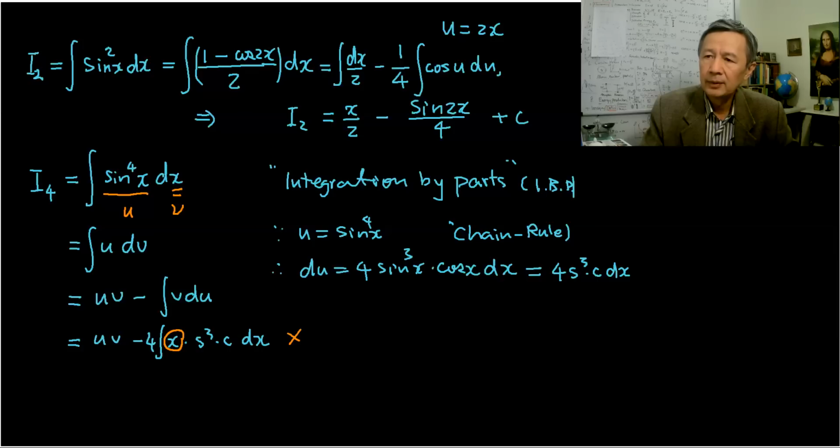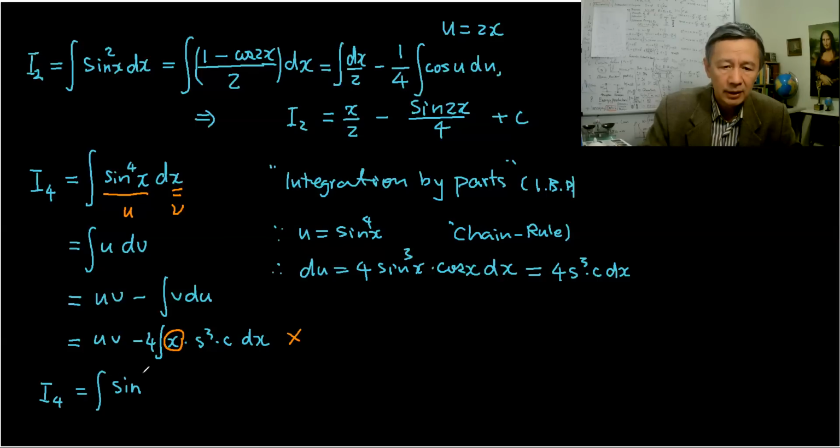This time, be careful. I changed my strategy smartly. I will borrow one sine x. Before I use integration by parts, I will rewrite the sine to the power 4 as 3 plus 1, using the index law. So that becomes sine cubed, because cube is well known. We know how to deal with cube.